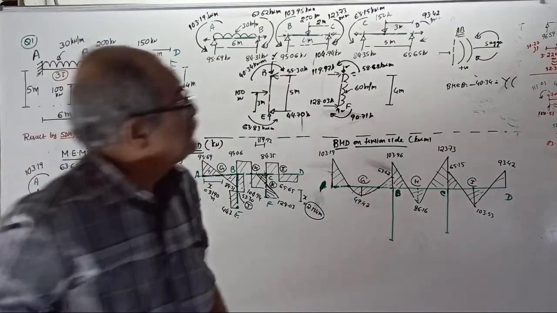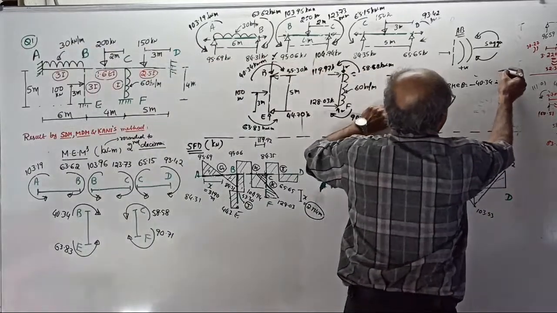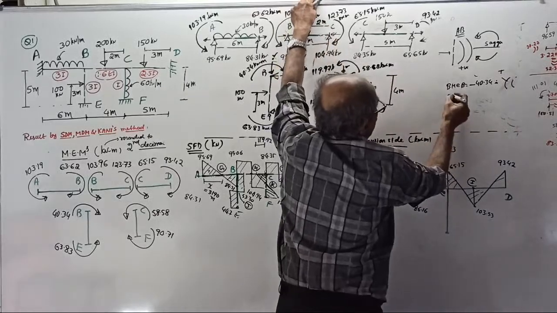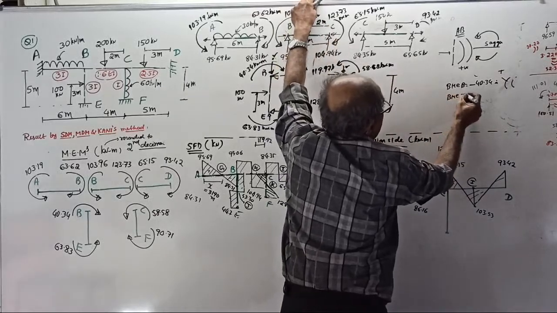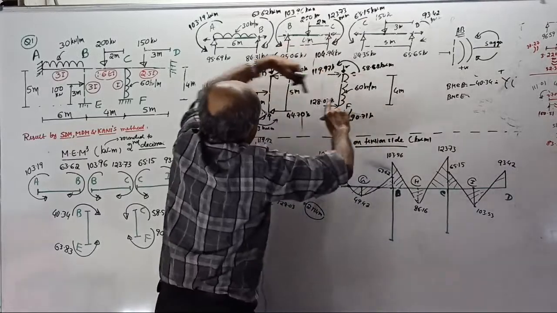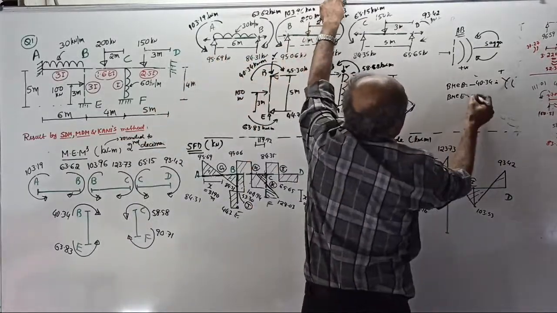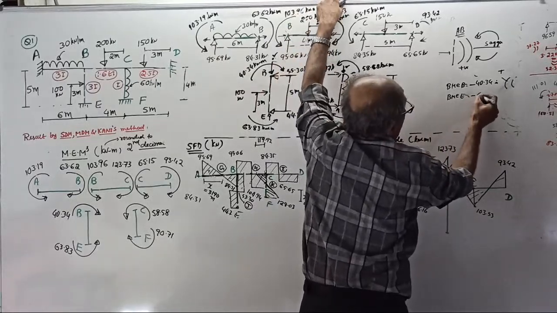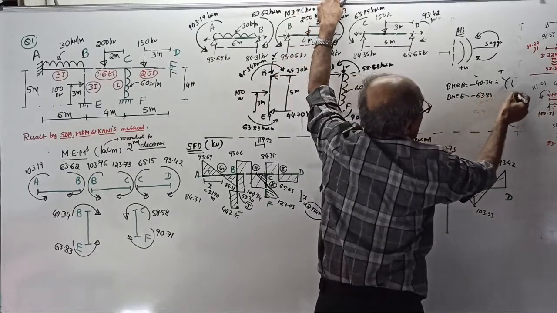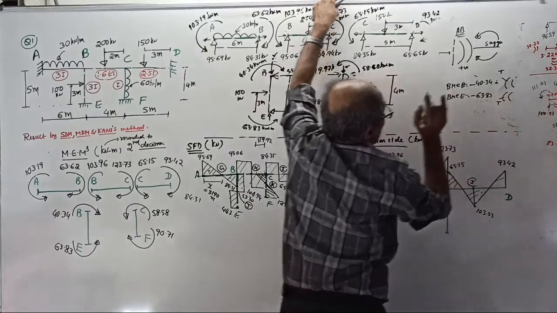Tension will come on left side. So left side tension. Same way, bending moment at E is once again, notice here, it is here. Once again hogging, minus 63.83. That is again hogging, tension on the left side.